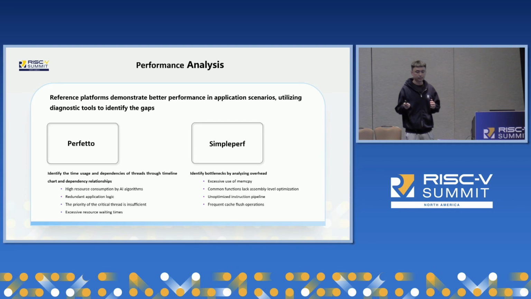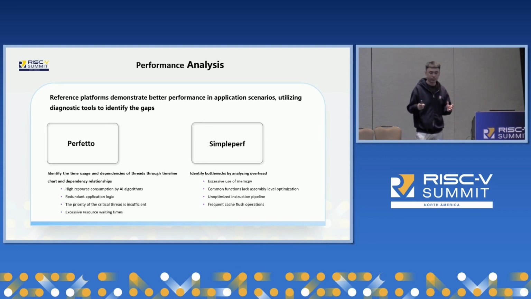The second is simpleperf. Simpleperf is just like Linux perf. It can provide you the stat record, and you can use it to measure the hot spot code instruction flow. You can get the cycles, instructions, counters, the cache events, and TLB misses.